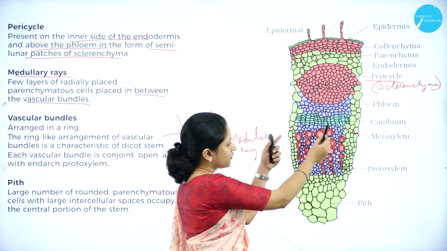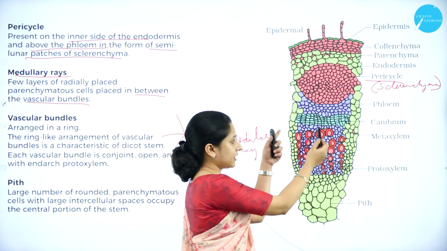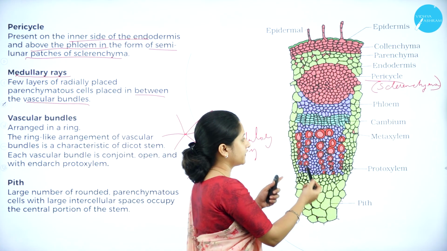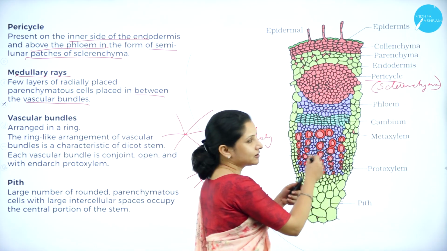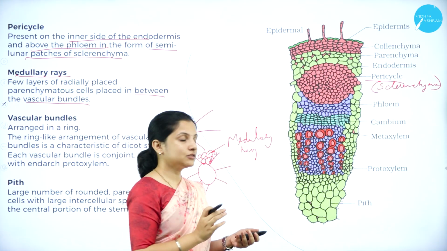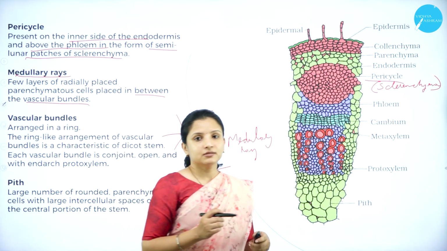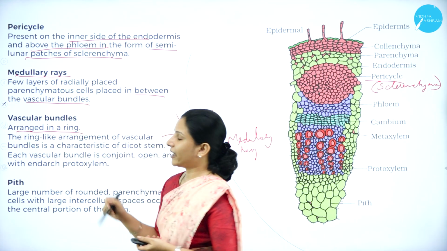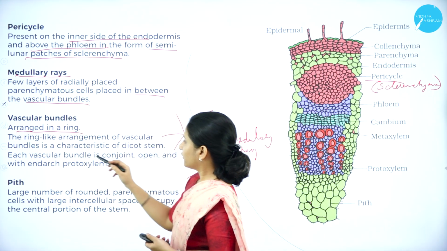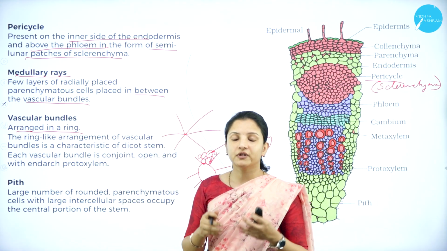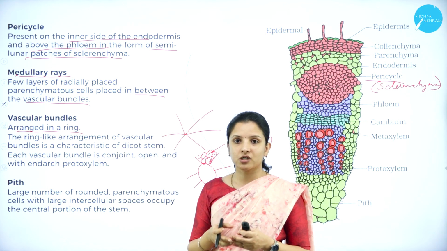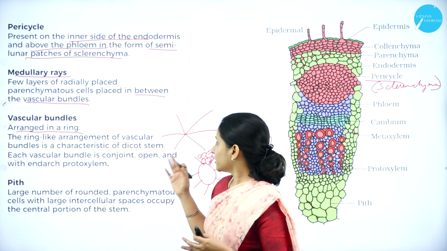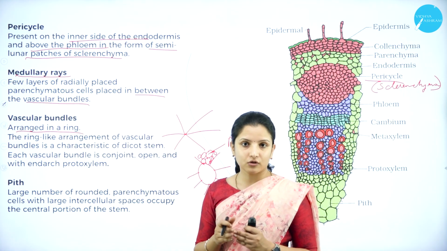To make the diagram easily visible, they have shown only a small portion of the cells, because all these cells continue in the other part as well. So this is about the vascular bundles, which are arranged in a ring-like manner, and the ring-like arrangement of vascular bundles is one of the main characteristic features to distinguish a dicot stem from a monocot stem.